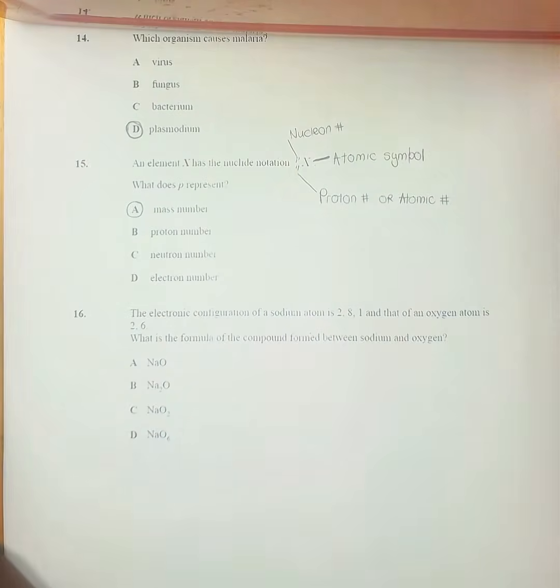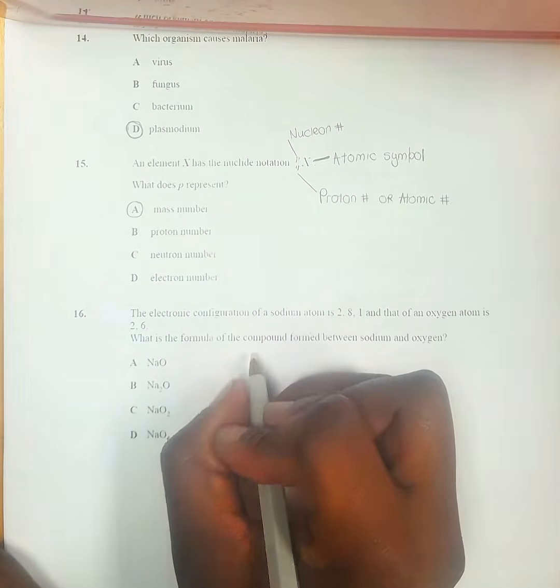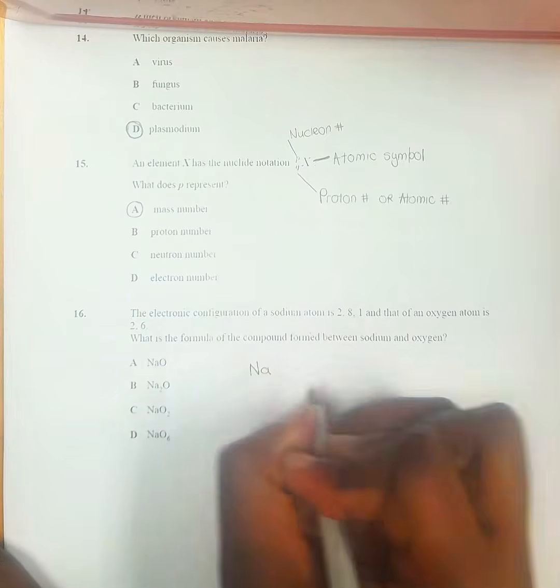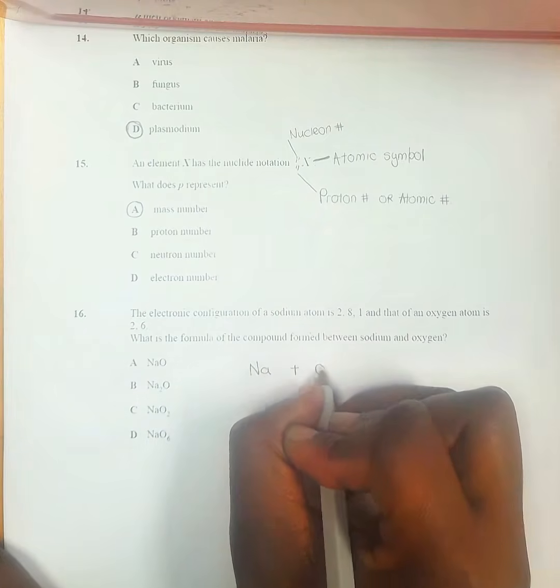And then number 16, the electronic configuration of sodium atom is 2,8,1, and that of an oxygen atom is 2,6. What is the formula of the compound that is formed between sodium and oxygen? So we have our sodium, and we are reacting it with oxygen.